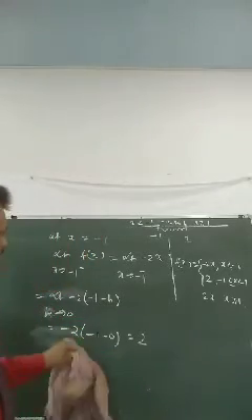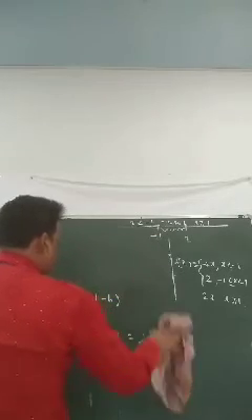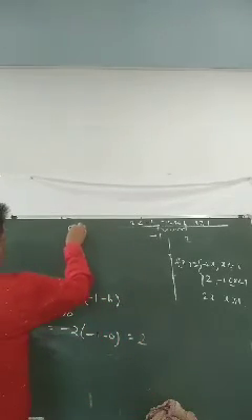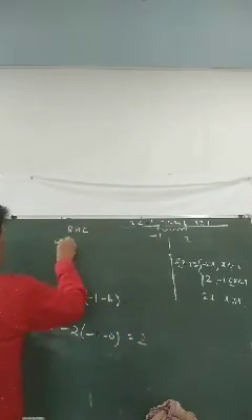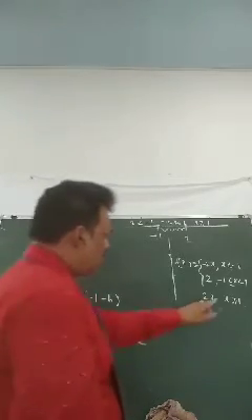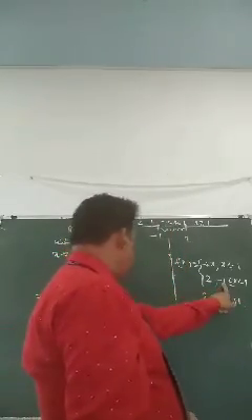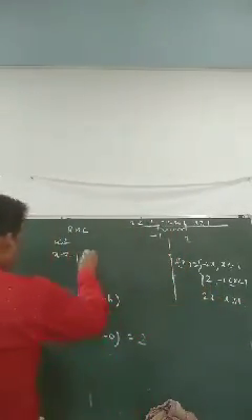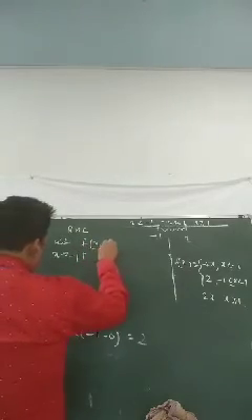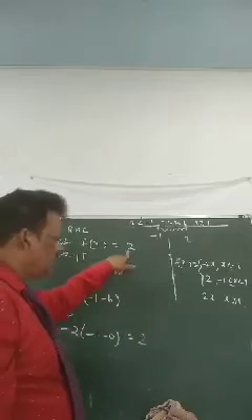Let's go to the right hand limit. Limit x tends to minus 1 from the plus side. x greater than or equal to minus 1, so that is 2. That means your left hand limit is 2, right hand limit is 2.